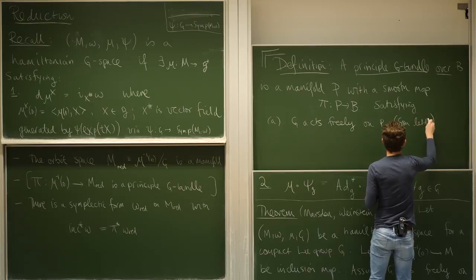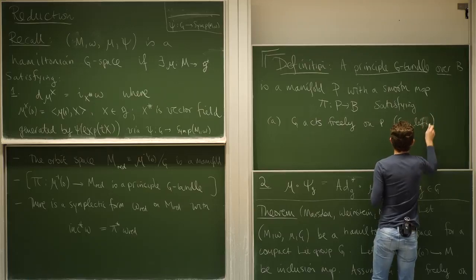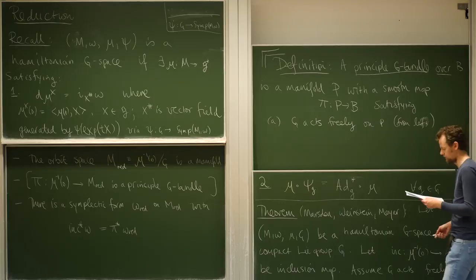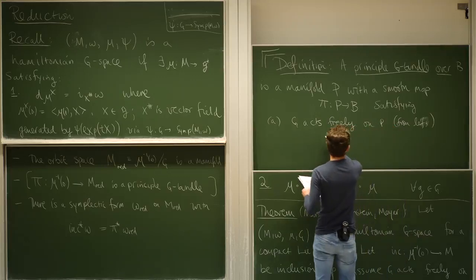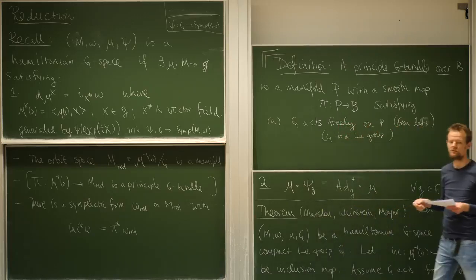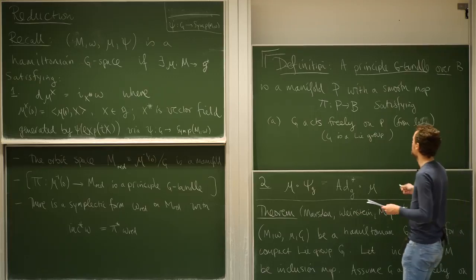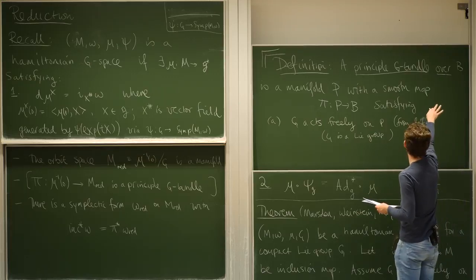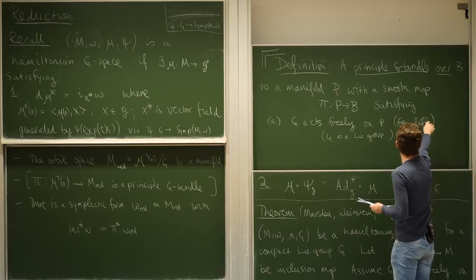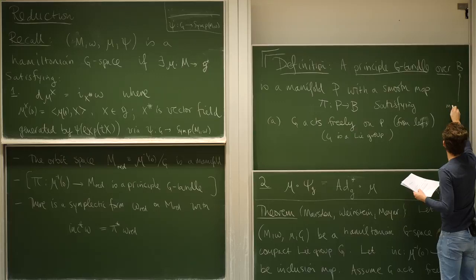Well, quite apart from this map, a principal G bundle is something that admits an action by this group G. Oh, I didn't say that G was a Lie group. I'll do that here. So G is a Lie group in this definition. And I didn't say that B was a manifold, did I? Over B, I haven't said anything about B yet. It's a manifold.